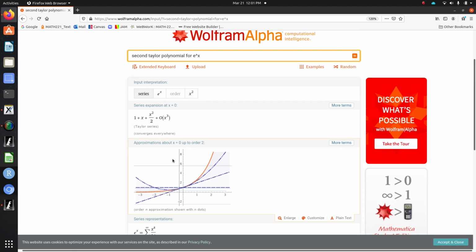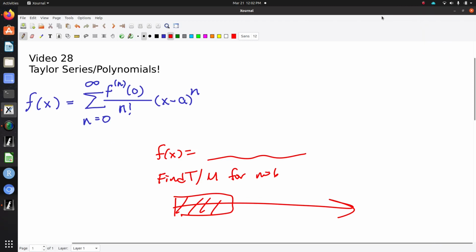And it becomes a little hard to see, I guess. There we go. You can just see that this guy is looking like a parabola, and it's trying very hard to hug the e to the x curve. Okay, so this is a good exploratory tool for you. But for you to do these by hand, what it's going to mean is whatever n equals 6, you need 6 derivatives.